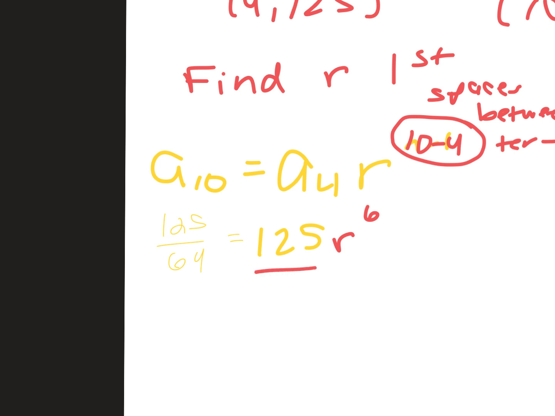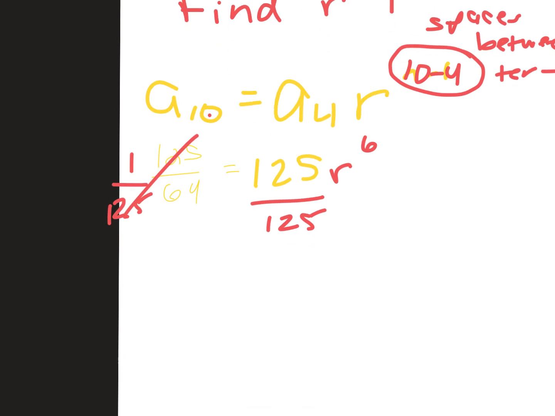125. Okay, if I divide by 125, guys, if I divide both sides, do you agree with me it's the same as multiplying by 1 over 125? Since this is a fraction, if you have 125 over 64 divided by 125, it's the same as multiplying by 1 over 125. So what happens to my 125s? They cancel. So you have 1 over 64 equals R to the 6th.